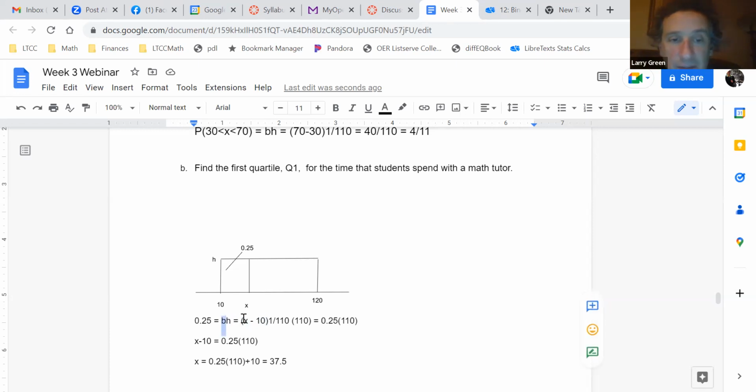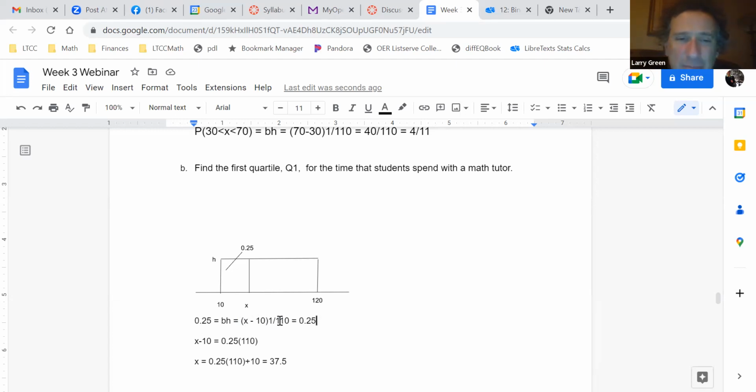Anyone lost there? Okay, the height, that's h, that's 1 over 110. We've already figured that out. Okay, that's equal to 0.25. I just rewrote it over here.